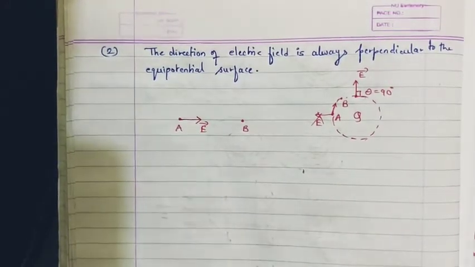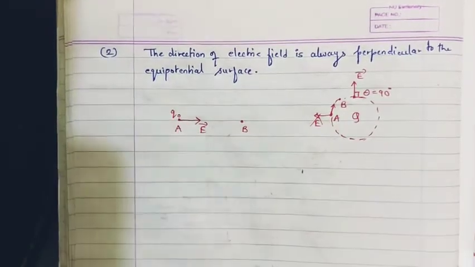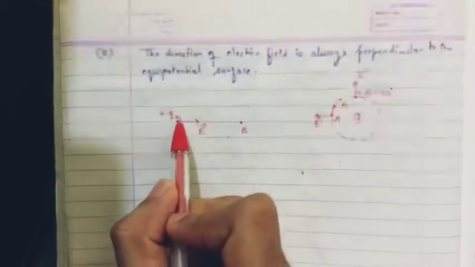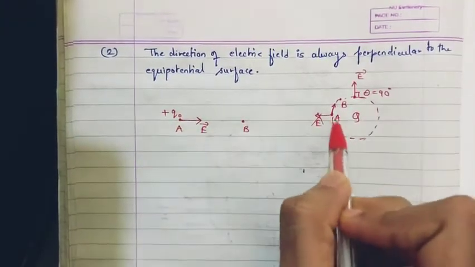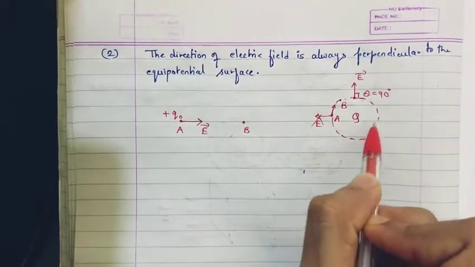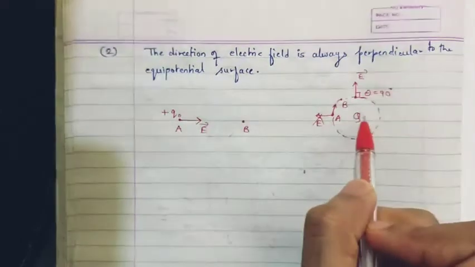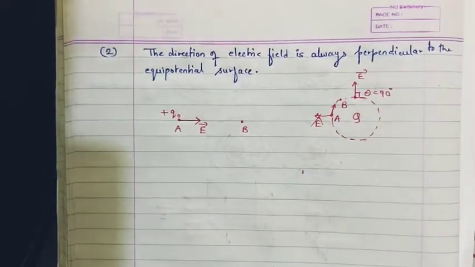Okay, and I place a charge on this equipotential surface. Let's say this charge is Q0. So let's say it is a positive charge. Now if I put a positive charge in an electric field which is uniform, obviously the electric field on this surface will be uniform because it is at the same distance. Correct. So charge is the same, distance is the same, so the electric field at all the points on this surface is going to be the same.